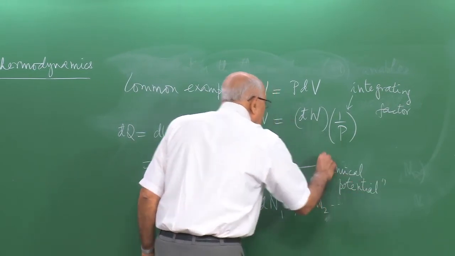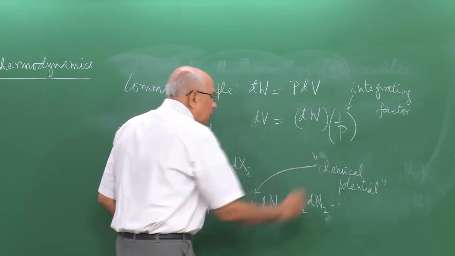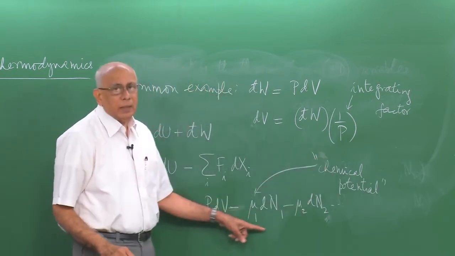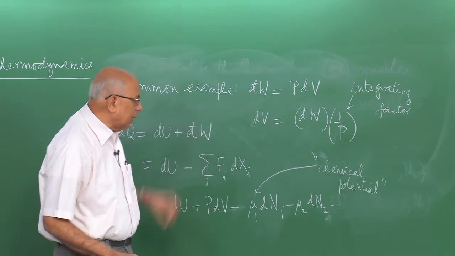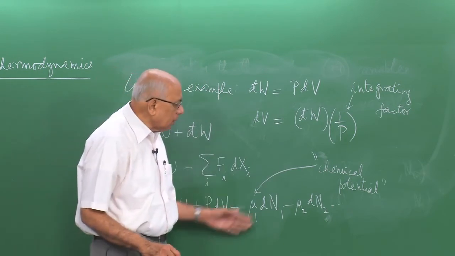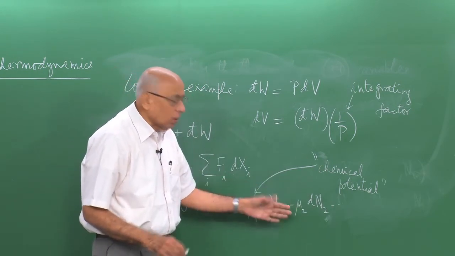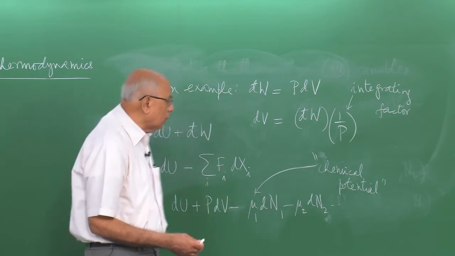Corresponding to the chemical component 1, that I have labeled as 1, the molecular species 1 has a chemical potential. If you had another molecular species also in the mixture, then it would be mu2 and so on and so forth.